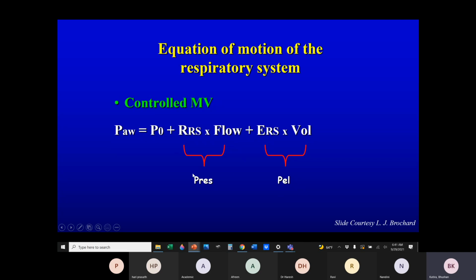One is resistive pressure and the other is elastic pressure, and each of these components has a contribution from the way you set the ventilator, flow in the case of resistance and volume in the case of elastance, and a contribution from the nature of the lung, that is how much resistance is offered by the airways and how much is the elastic recoil of the lung, or elastance of the lung, to be honest.